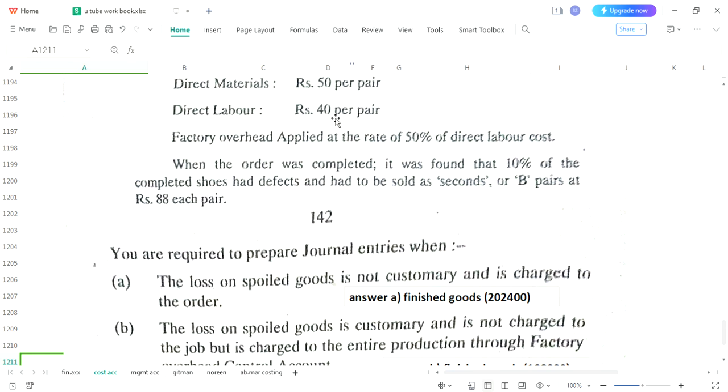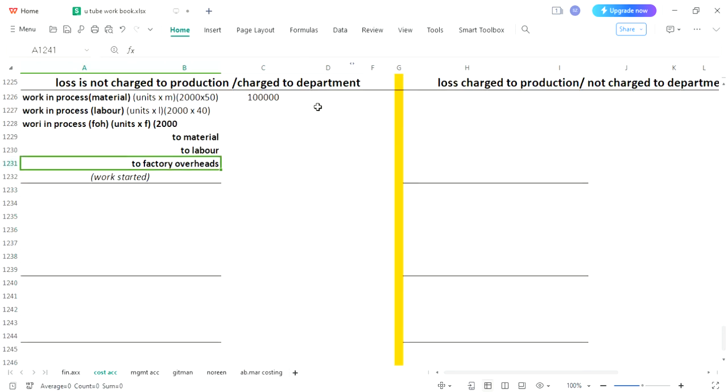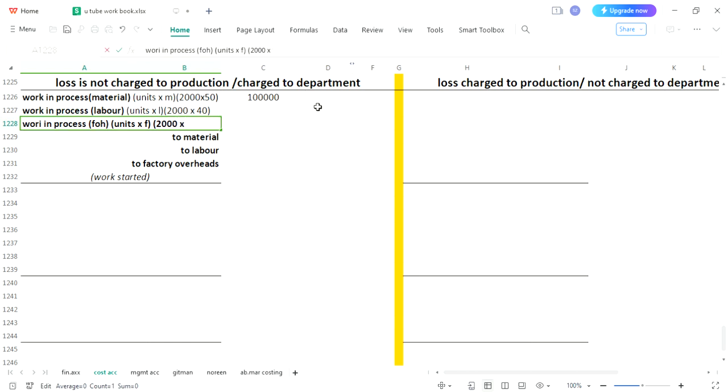Labor is 40, it's 50%. You can directly calculate 50% of 40 is 20. So you can put your price over here, multiplied by 20, which is 50% of labor cost. In this way, we have completed our cost of FH as well.